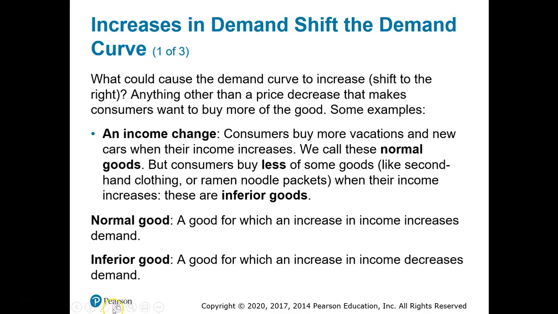So a normal good is basically a better quality good, for which an increase in income increases its demand. An inferior good is a poor quality good for which an increase in income decreases the demand. I don't want it anymore. I want Campbell's soup instead of ramen noodles. More for my bang.